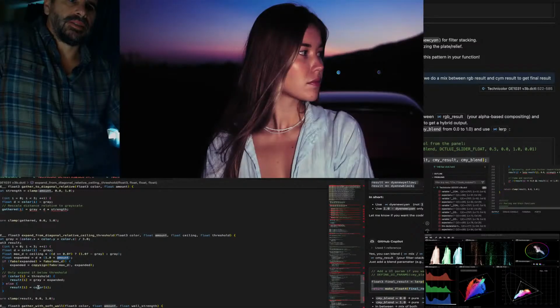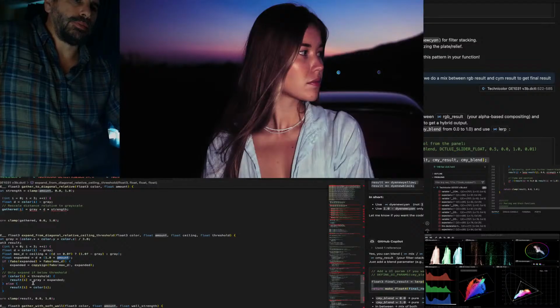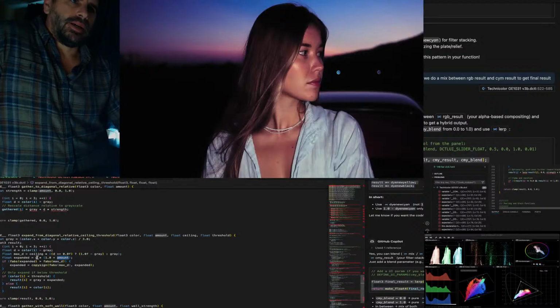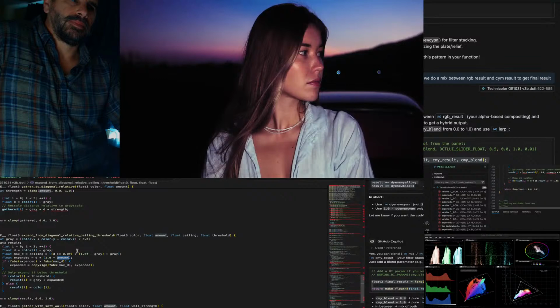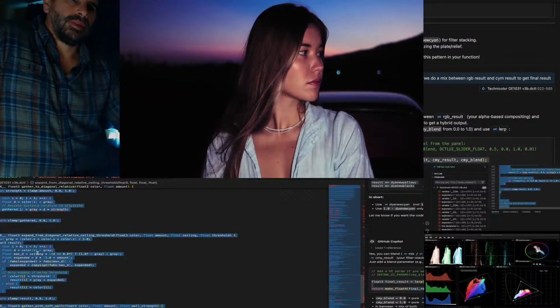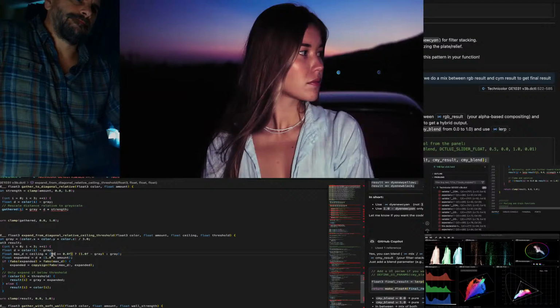Else it's just the color. It actually should be max D ceiling. I'm setting the ceiling again. Max D is ceiling.